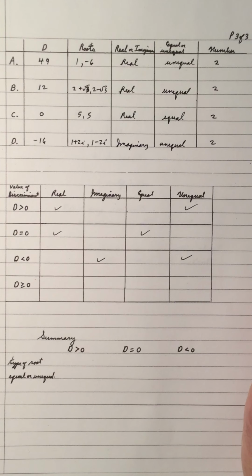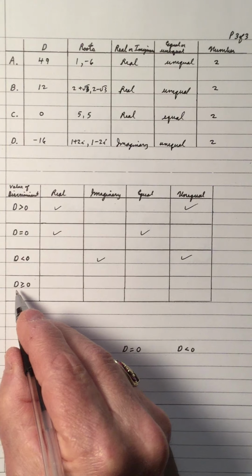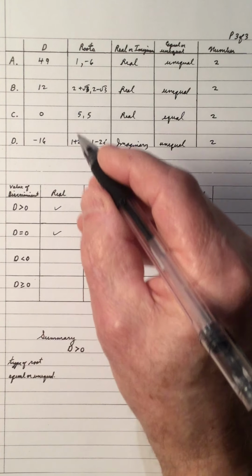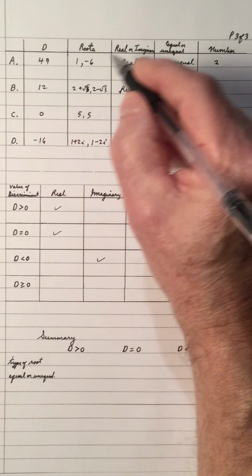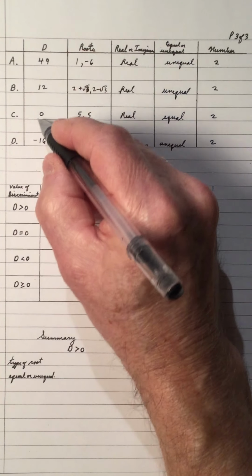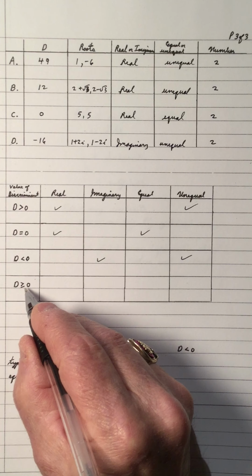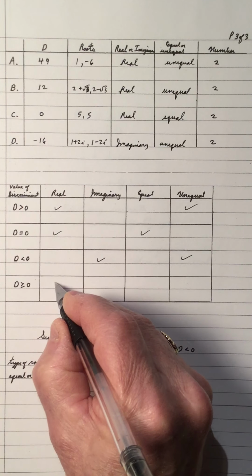And also another scenario sometimes, what if they say the discriminant is greater than or equal to 0? If the discriminant is greater than 0, the roots are real. If the discriminant is equal to 0, the roots are real. So if the discriminant is either greater than 0 or equal to 0, we have real roots.